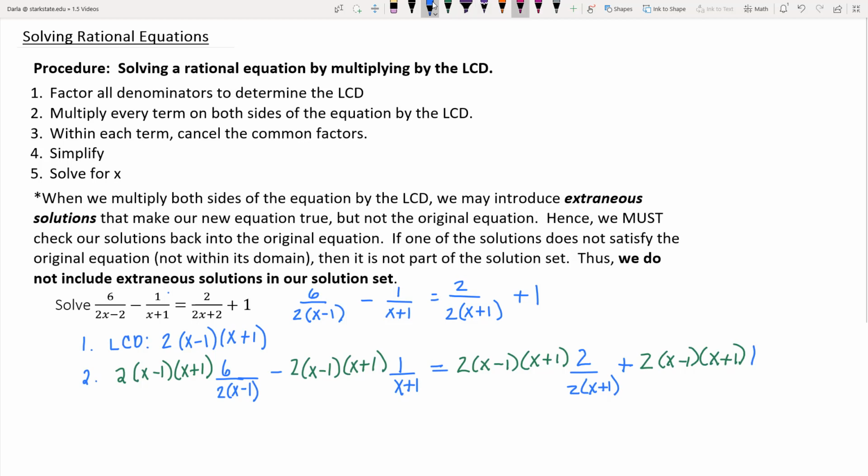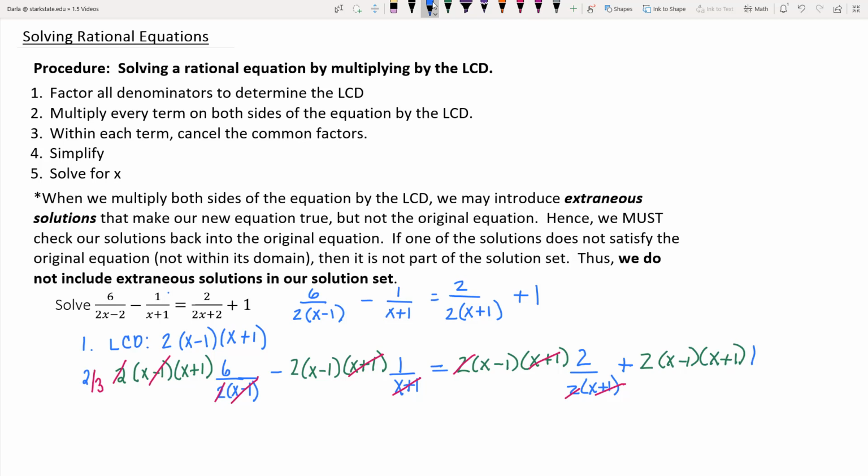And then all you need to do from there, and this is kind of step 3 now, mixed in, is cancel any common factors that you may have from top to bottom, so from numerator to denominator. Make sure you cancel the entire factor. And then what's remaining, you're just going to simplify.